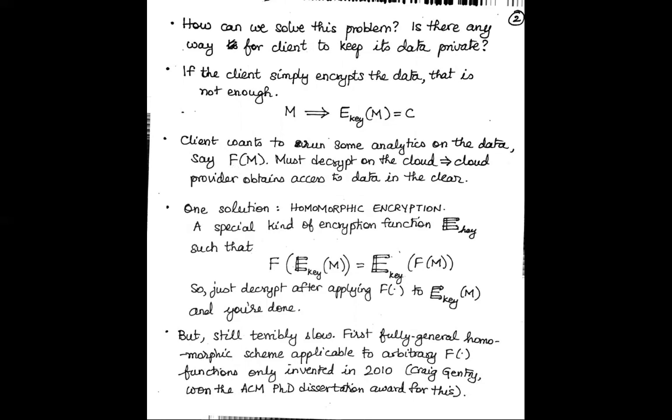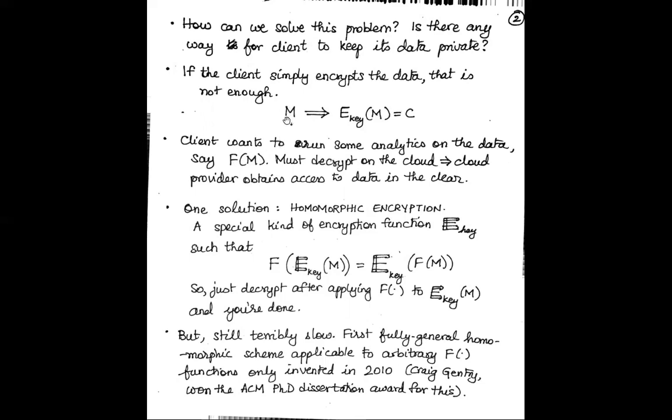Maybe this is an image, and you're getting a set of labels of what is there in that image. The problem is that if you want to do any such interesting computations like this data analytics on this data, then in order to do that, you must decrypt the data on the cloud, right?